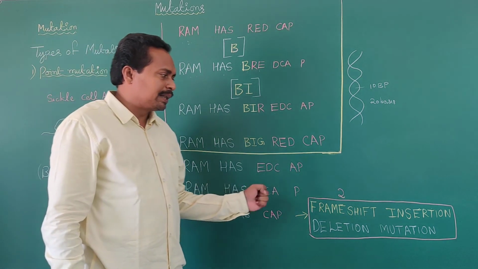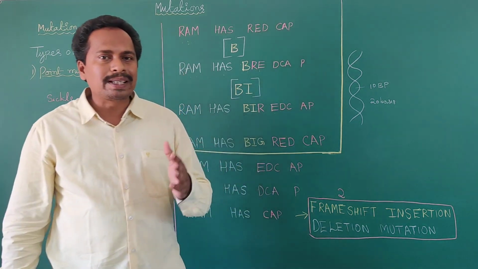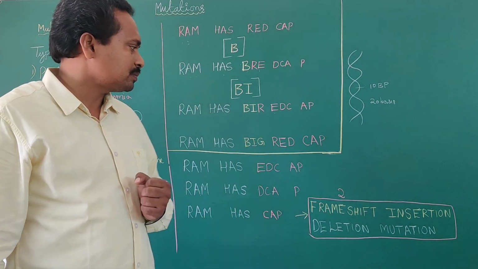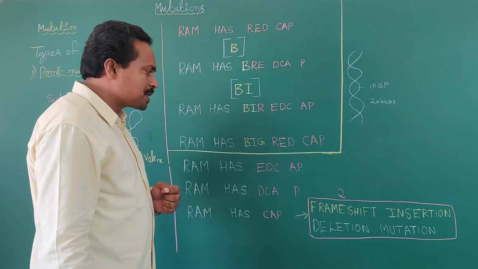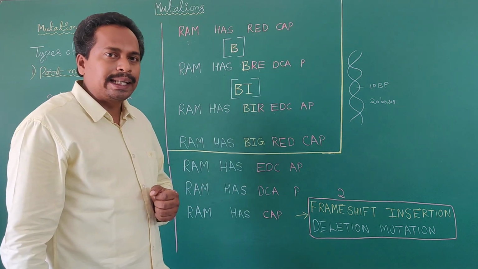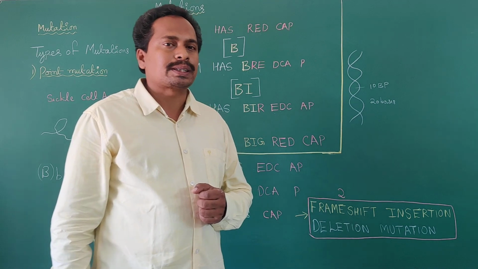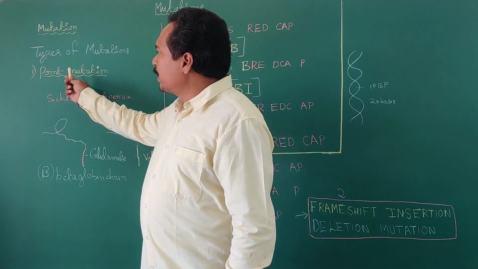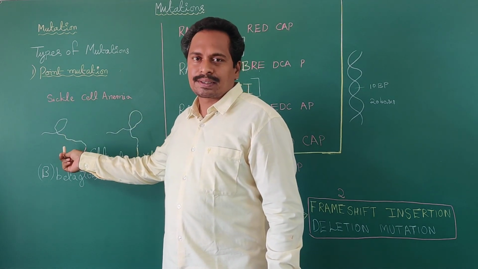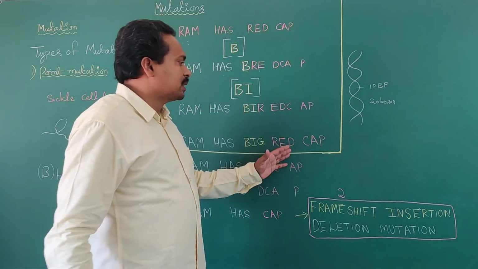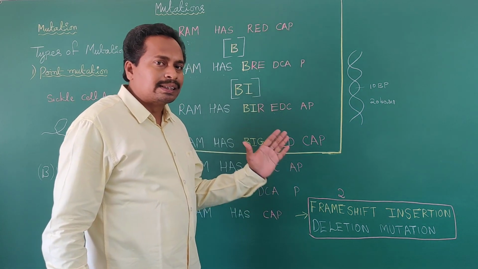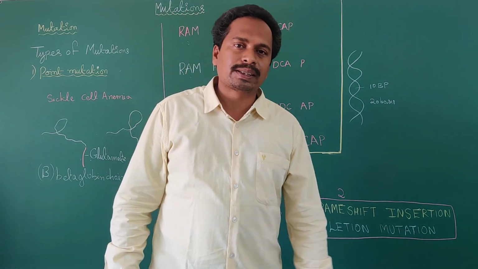Like in a genetic material, whenever nitrogen bases are inserted or deleted, the changes will appear. Okay, frameshift insertion or deletion mutations are caused due to the deletion or insertion of 3 or more nitrogen bases, whereas point mutations are caused due to a change of 1 or 2 bases.